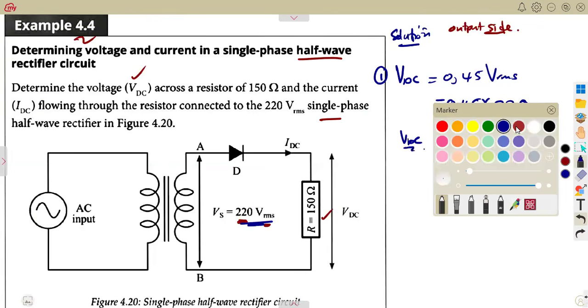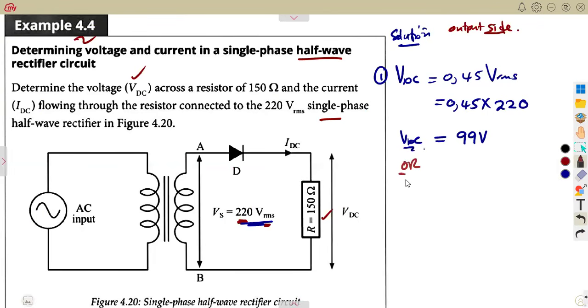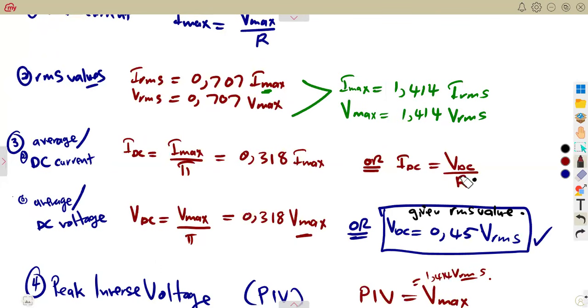But maybe I'm used to other formulas. How am I going to simplify? The same VDC could have been calculated from 0.318 of the maximum value, which is Vmax over pi.